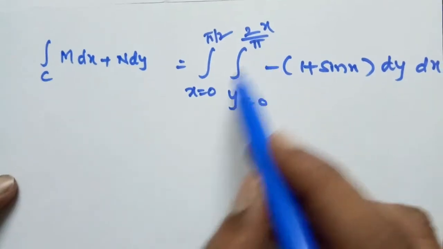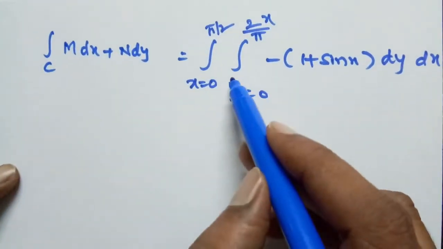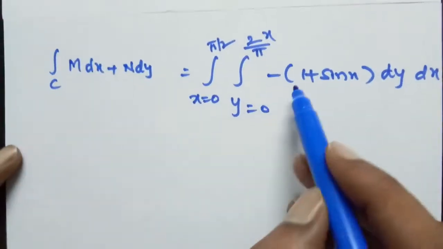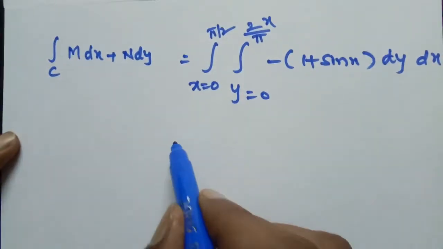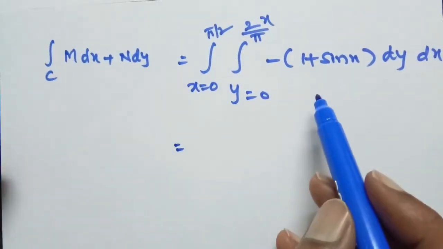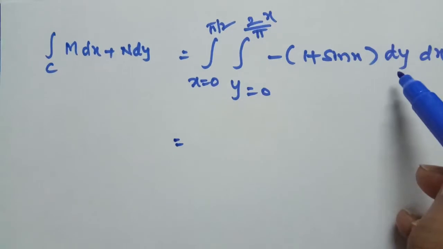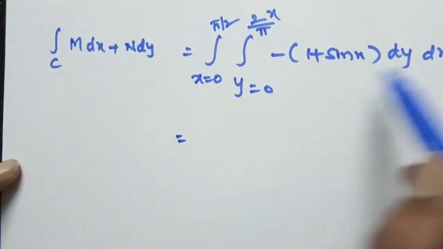Now integrating with respect to y and then with respect to x, as the limits of y are in terms of x and the x limits are constants. While integrating with respect to y, x is a constant.